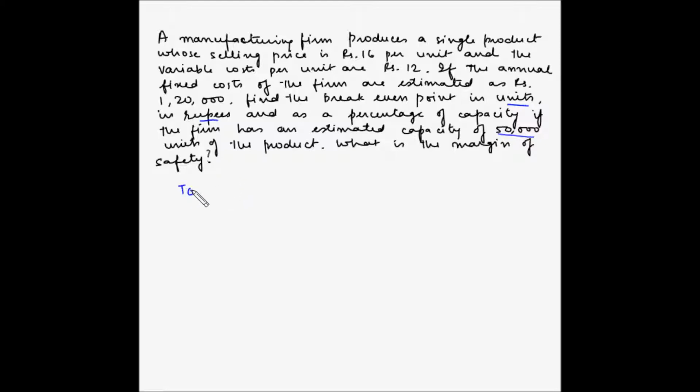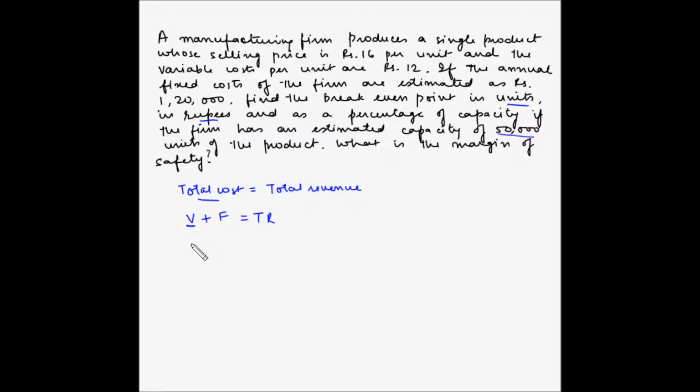So total cost is equal to total revenue. Now the total cost comprises fixed cost plus variable cost. So this is V plus F. V is for variable cost and F is for fixed cost. And this is equal to total revenue.